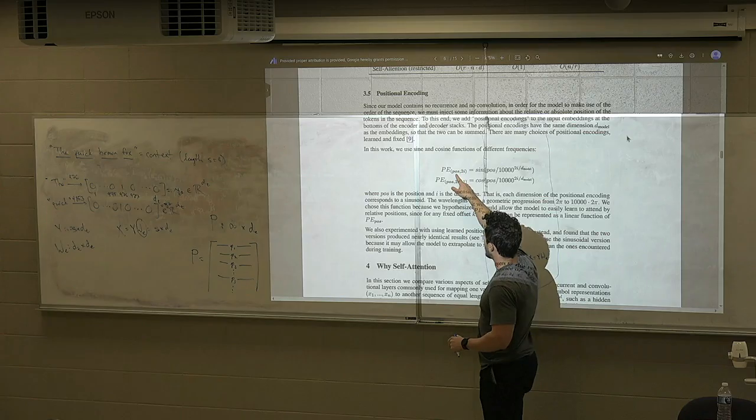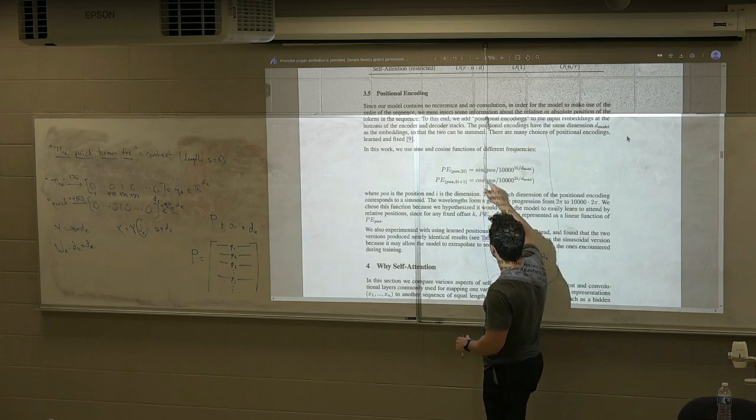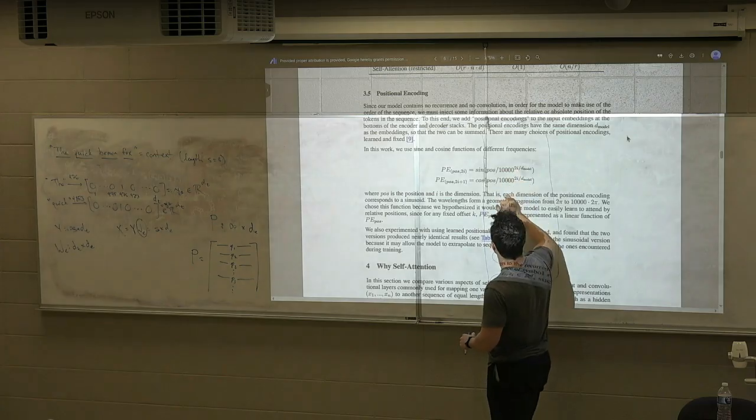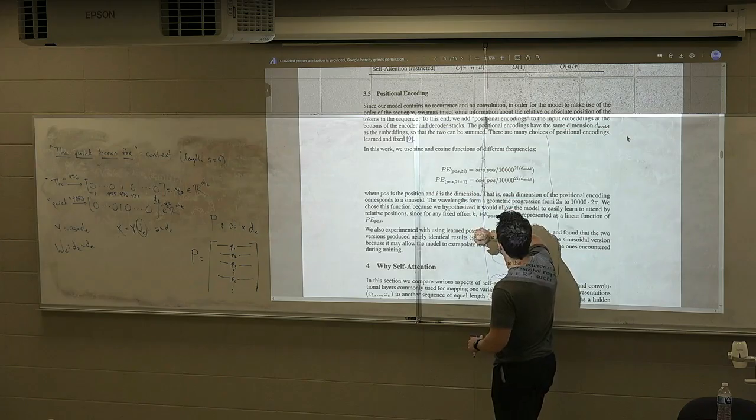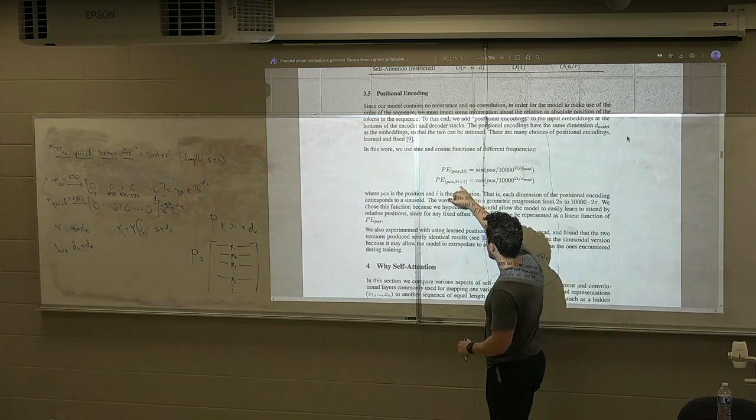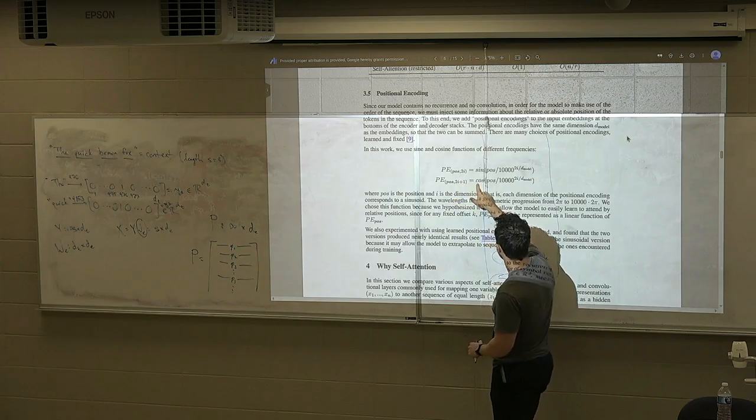So they say position... I'm not right. This is the row. This is the column. So for each of the even index columns, you'll take this formula and use the sine. And for each of the odd index columns, you'll use cosine. And it's the same thing put into each of them.